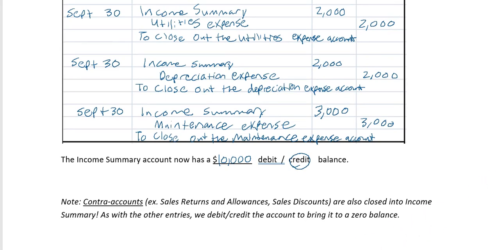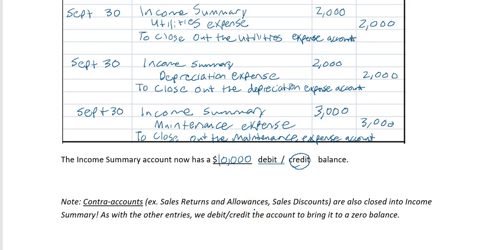A note here: contra accounts, for example sales returns and allowances and sales discounts, also close into income summary. As with the other entries, we debit or credit the account to bring it to a zero balance. So typically with these two, there will be debit accounts, contra to sales revenue.